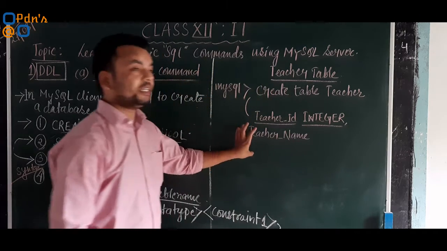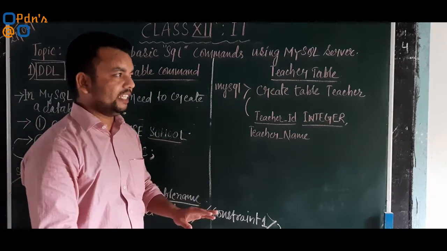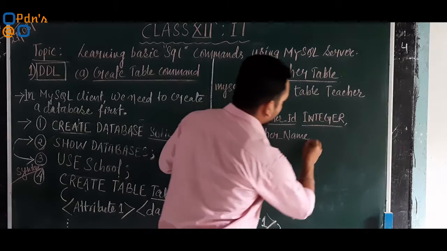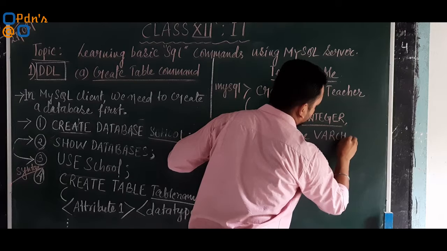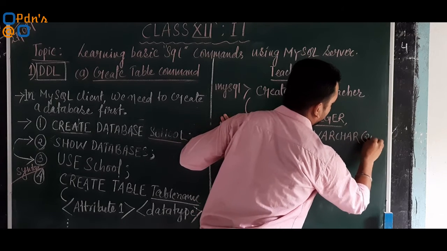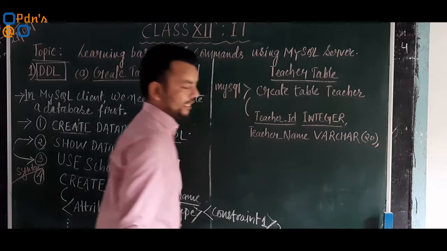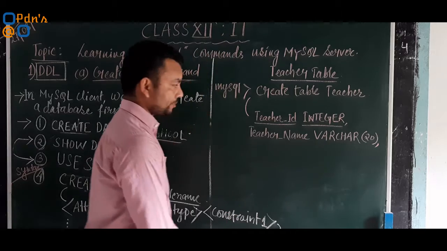Then teacher name. Here the name consists only of characters, or variable characters which may vary from time to time. So here we are using one more kind of data type, variable character, denoted by varchar. Say the maximum limit permissible is 20 characters. Teacher ID integer, teacher name varchar.